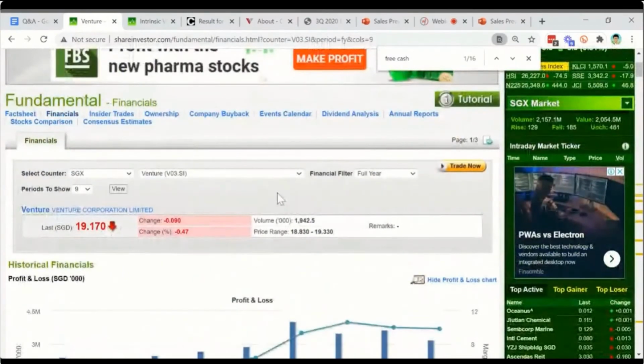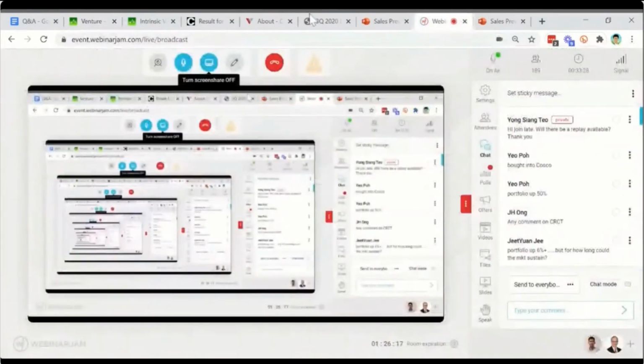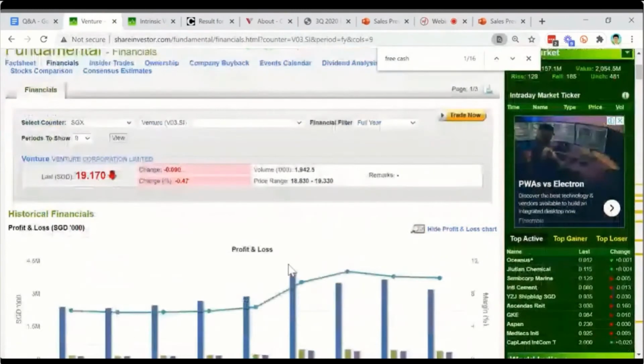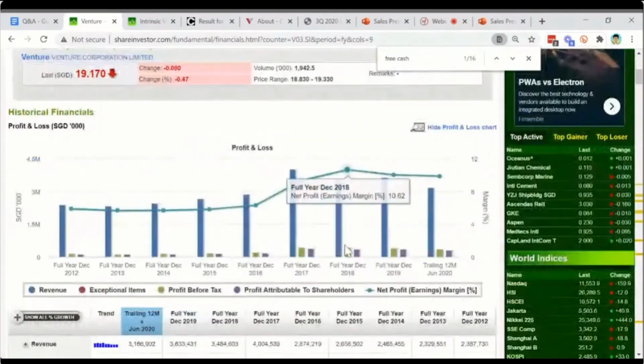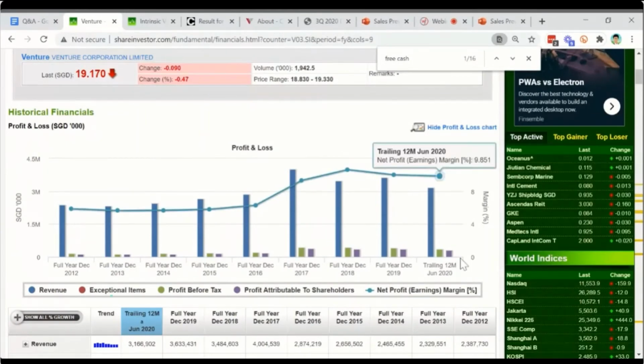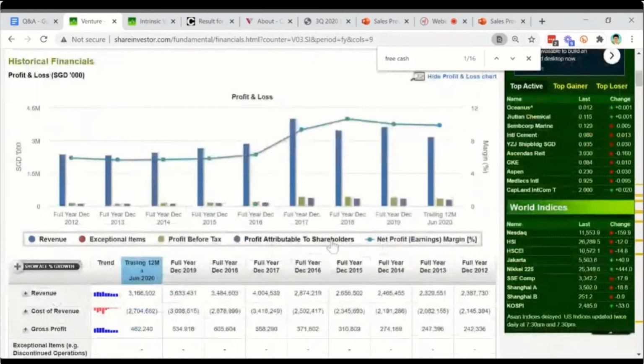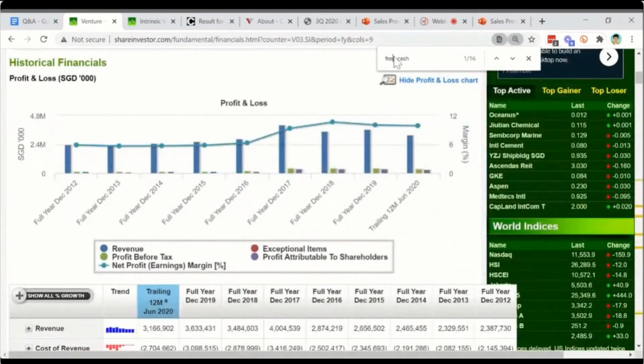You can see Venture Corp, in the past 9 years, from 2012 to the current trailing 12 months, June 2020, revenue has been on a rather steady uptrend. Revenue is this blue color bar over here. Let me just zoom in if you cannot see.